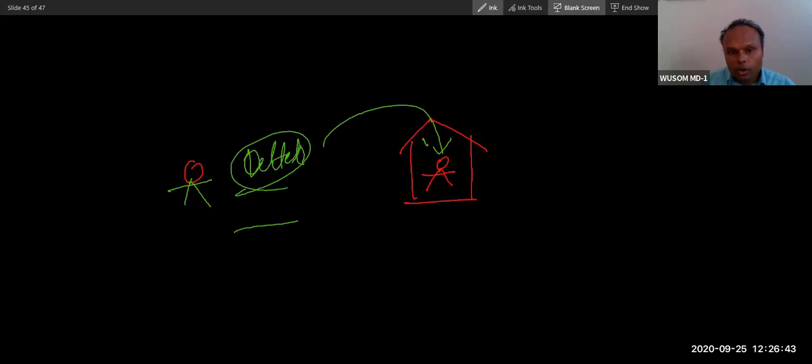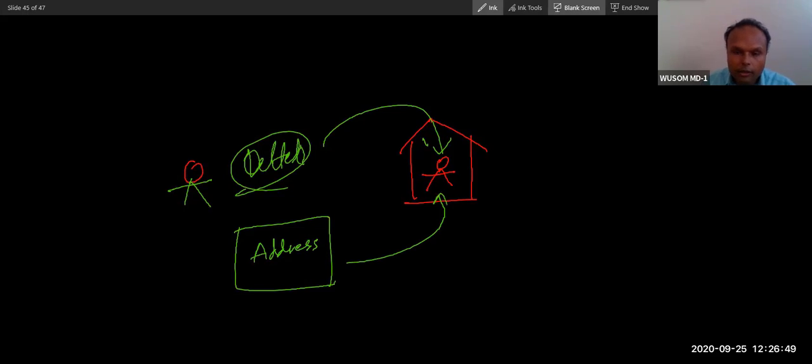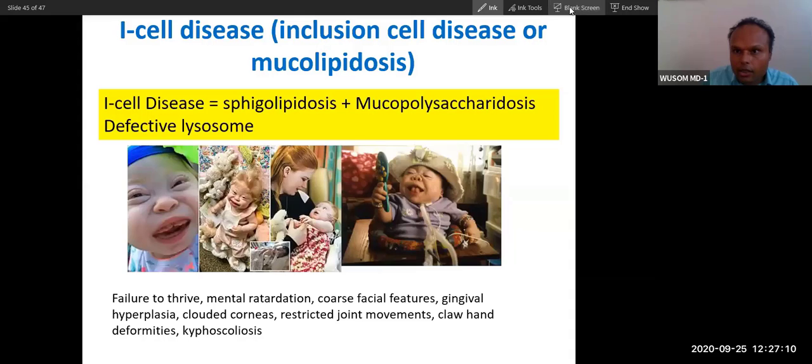Don't you think your letter needs to have an address to reach there? Yes, of course. Even if you send an email, there has to be an email ID. Otherwise, if you don't add the email ID, it will not reach. So this letter has to have an address. The same analogy is true inside the cell.